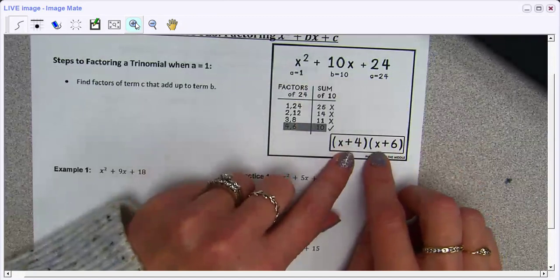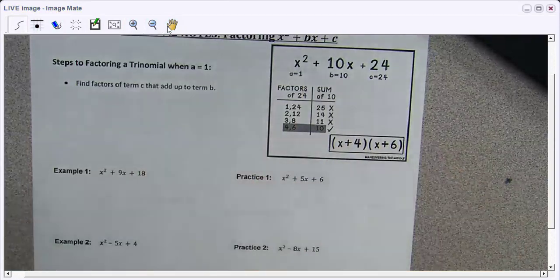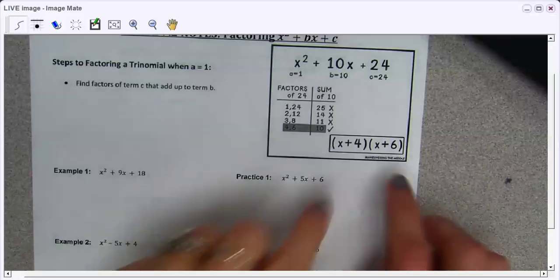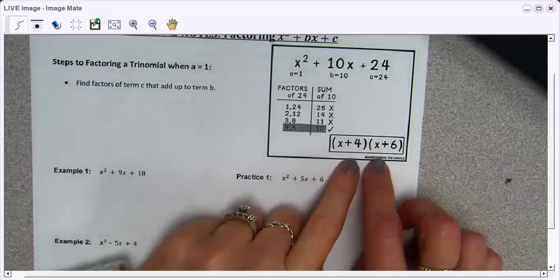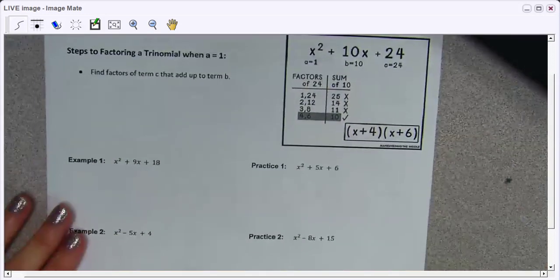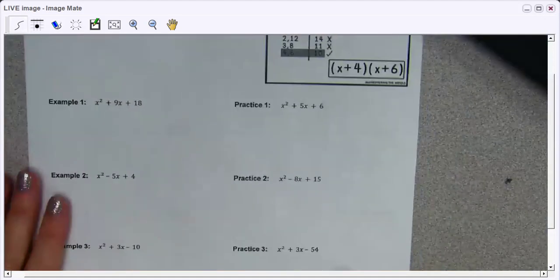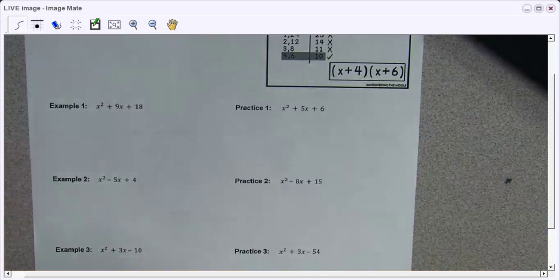And if you remember this from last chapter, we're taking what we learned last chapter and we're going backwards and bringing it back to a trinomial. So this first lesson is less complex than what we're going to be doing in the next lesson.